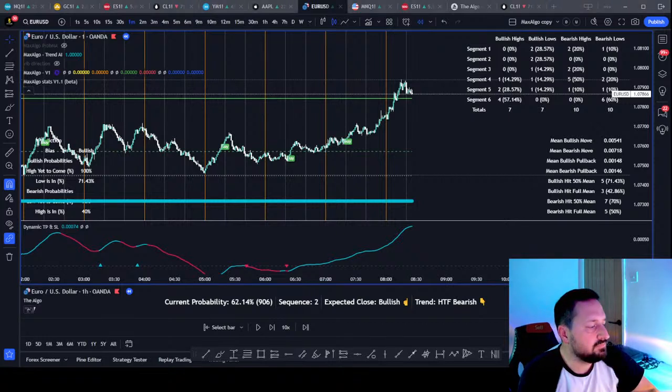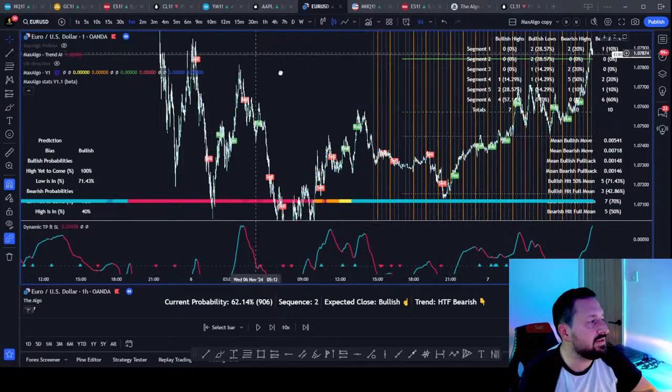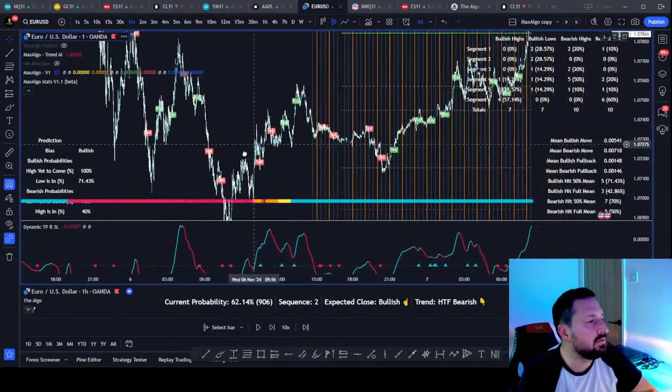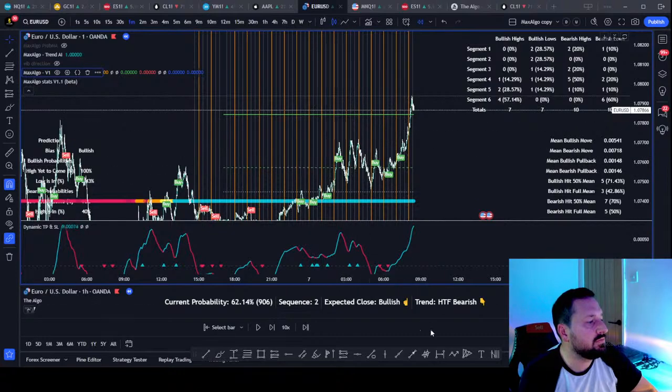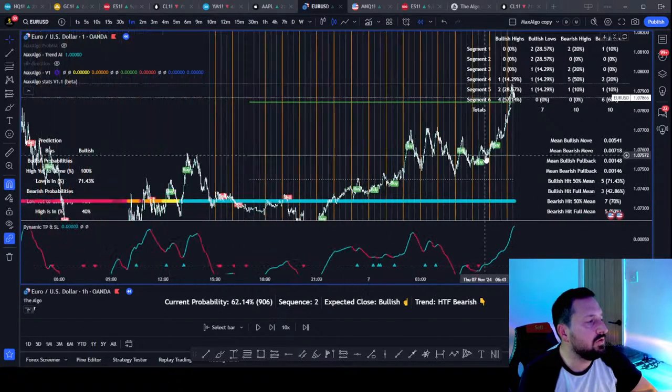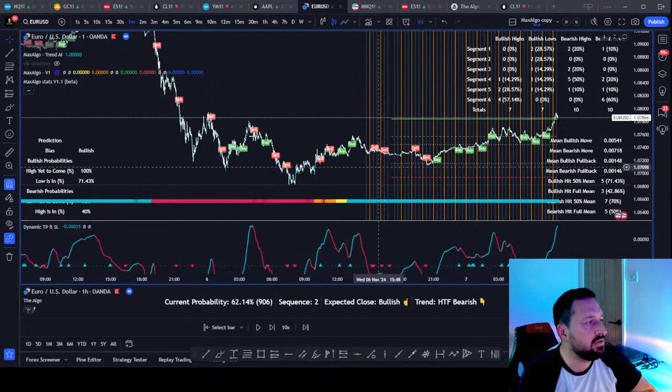Let's have a look. It'd be interesting to see, obviously we've had this large move down, whether the hourly now starts flipping bullish. Obviously the higher time frame is still bearish, right?